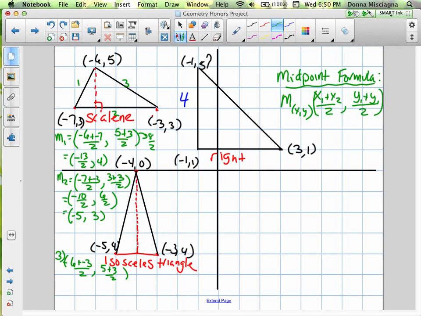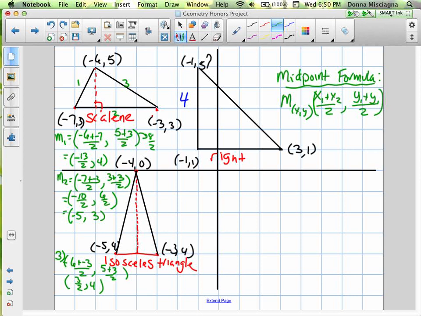Well, we already saw that's just going to be 4, right? So this is going to be -9 halves, 4. All right, so once you've got those, you found the 3 midpoints, to the best of your ability, you're going to graph those midpoints, right, and then connect with a ruler.